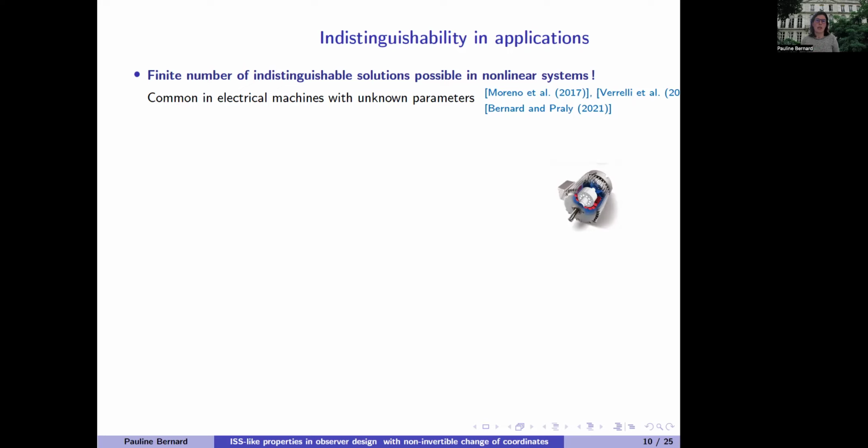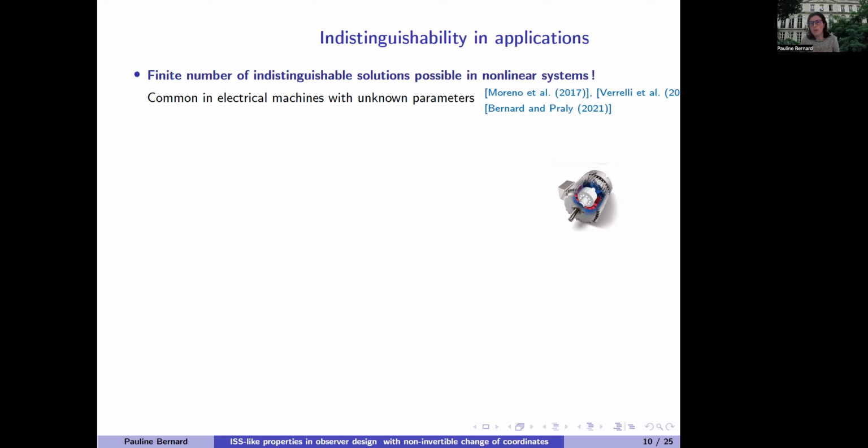Okay, so this happens typically in electrical machines. For example, if you take a PMSM, for those who know a bit about this kind of systems, if you measure the voltage, you measure the current, and if you say that you don't know the resistance, we showed that actually there may be, and there is actually, two indistinguishable solutions that correspond to two possible resistances, okay?